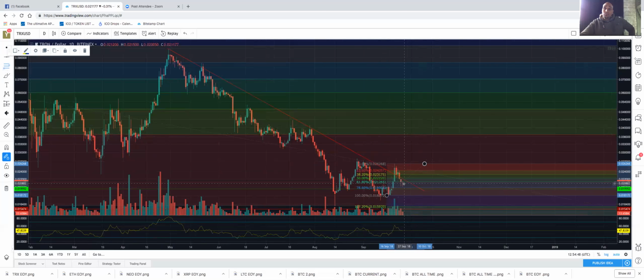That generally indicates weakness in the market, and therefore a continuation of our major market trend, which is the bear market. So we will very likely look at coming down to this level here, 1.99 cents, and secondly 1.8 cents. Those are the two targets for you for TRX.